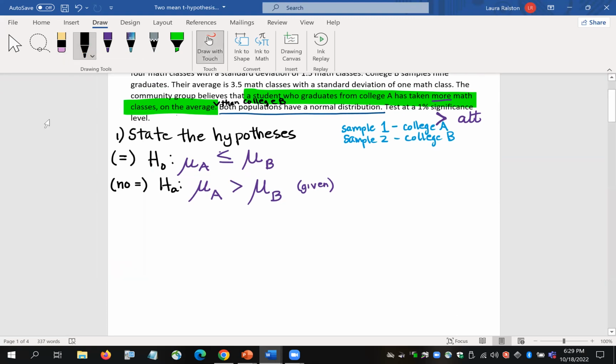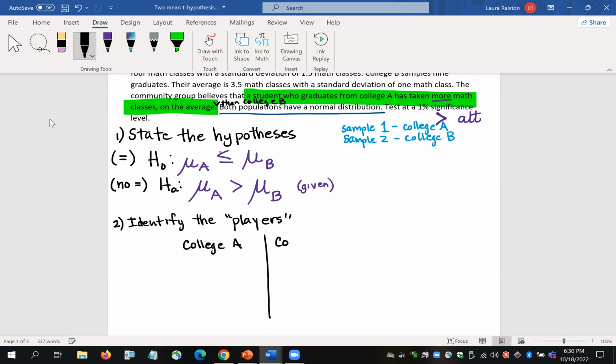Step 2 is to identify the players. And in this case, I'm going to have information for college A, and I have information for college B. And again, just as a side note, in this scenario, you have summarized data.